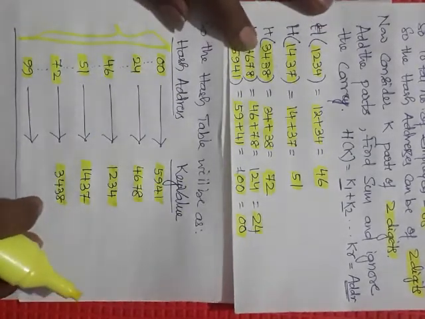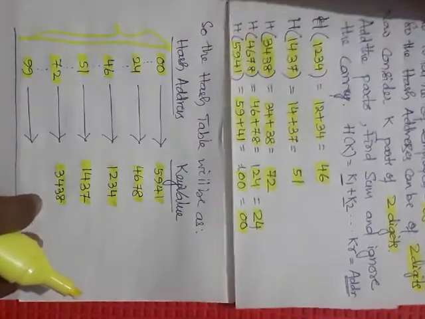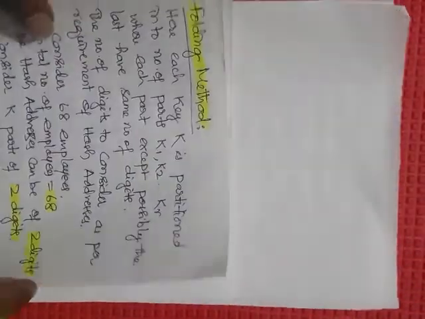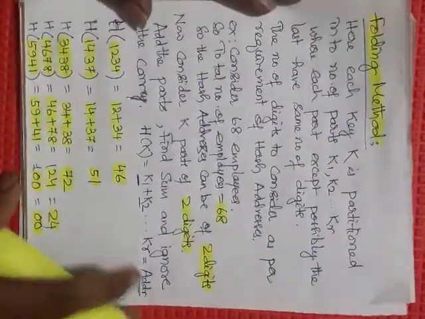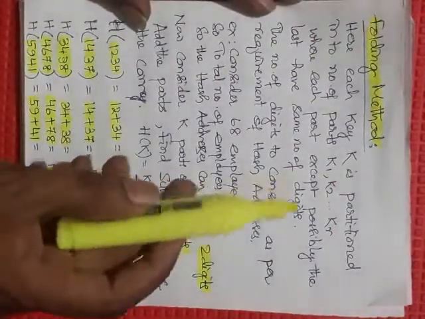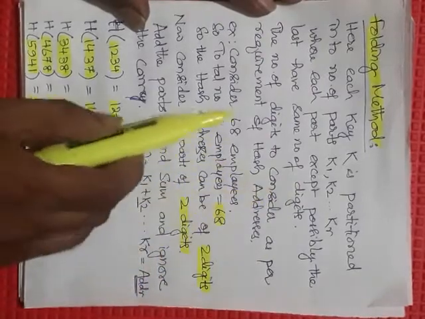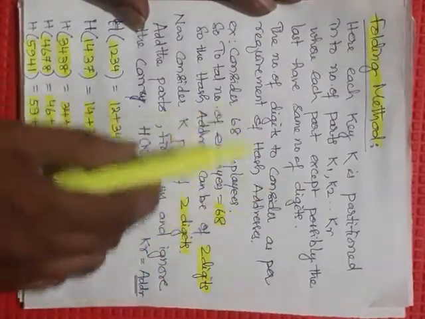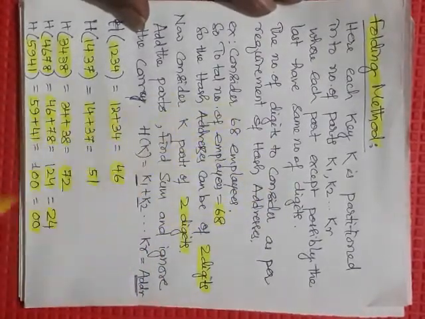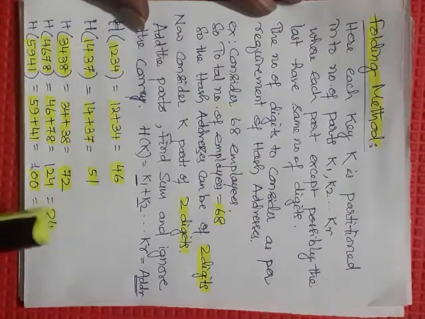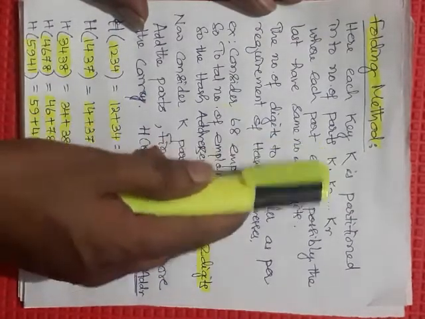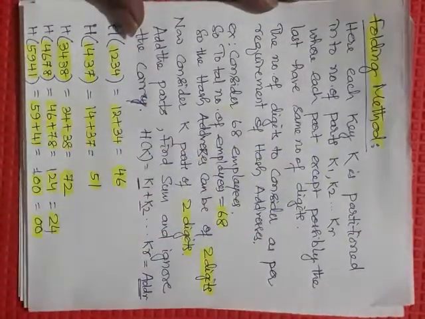So this is the approach for implementing the folding method. Once again, to revise: first of all, we identify how many data items are to be stored. If there are 68 employees, then I need 2-digit addresses. So 2-digit addresses means each part k has a capacity of 2-digit size.